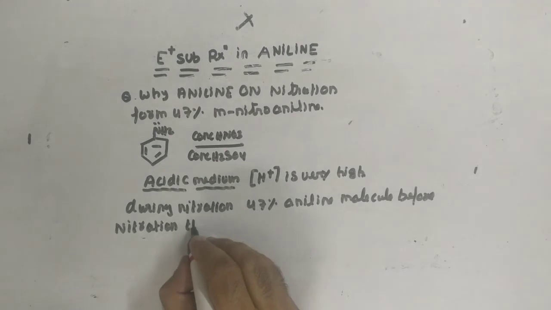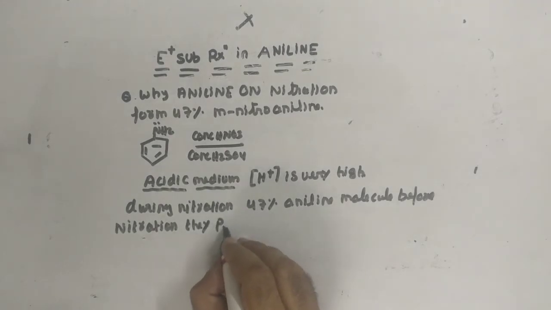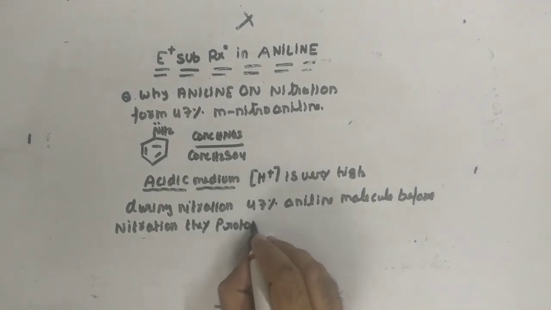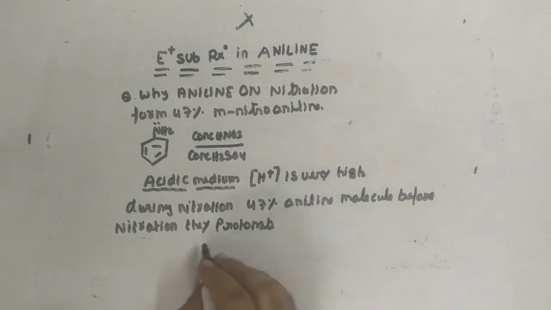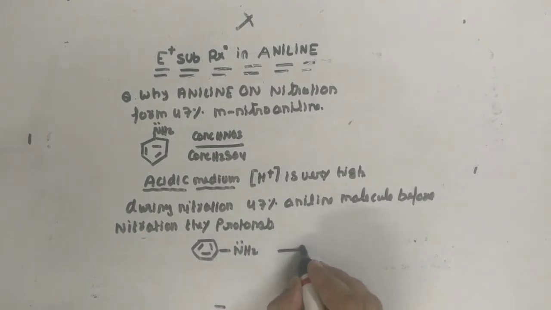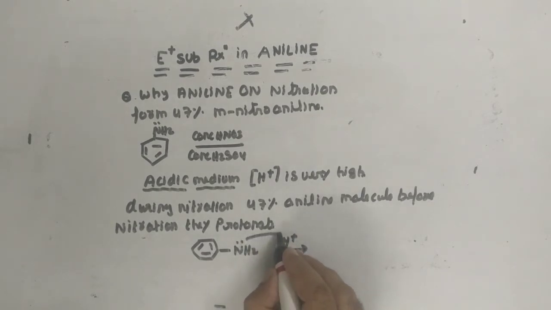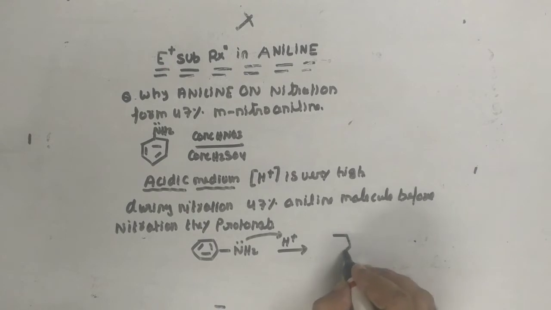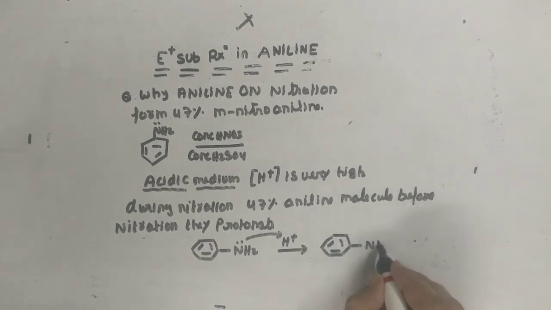They protonate. Protonate means accepting H plus. So we have aniline, and in aniline nitrogen has a lone pair of electrons, something negative. So before this can react with the electrophile NO2 plus, they will undergo protonation. H plus is going to attach on the nitrogen. So you get the protonated product, and this protonated product is called anilinium ion.